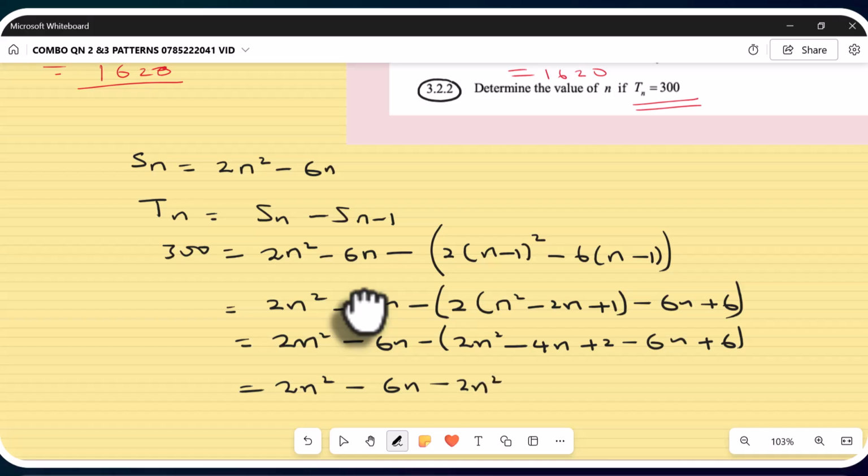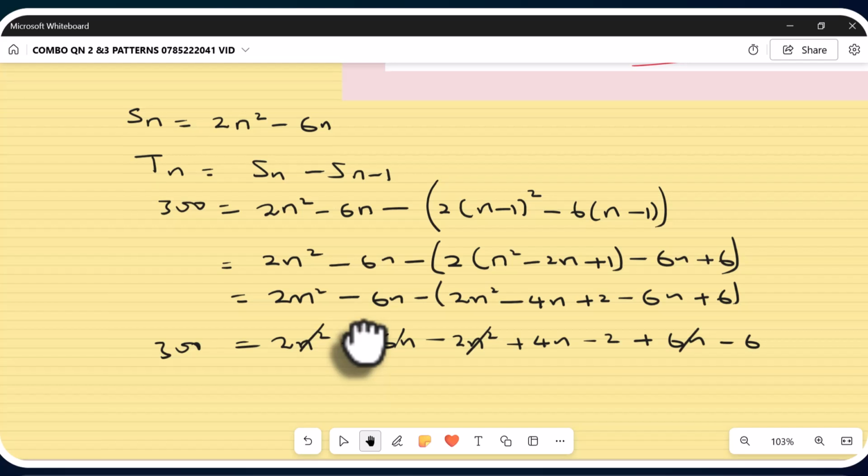So I've got 300 equals 4n, now minus 2 minus 6 gives us minus 8, and therefore the 8 becomes positive, going to be 308 equals 4n. So divide by 4. n equals 308 divided by 4, which gives us 77. Hope we are together. Let us proceed.